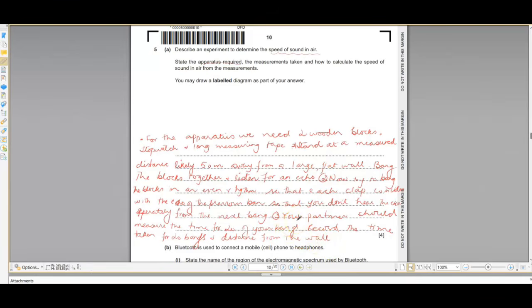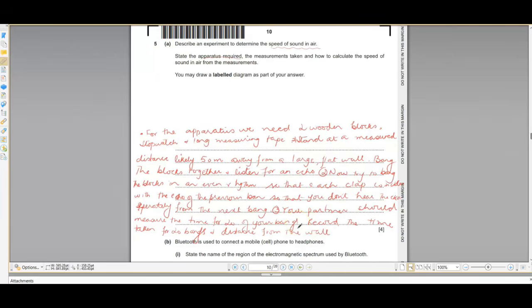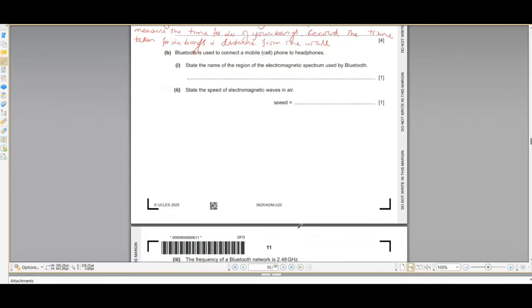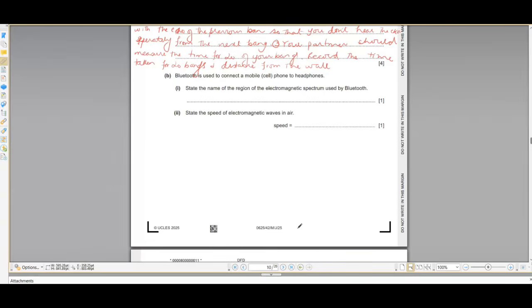Okay. Acha, let me see if we have space. Yeah, we have space over here. So I'm going to write the rest of it over here. So once you've measured the distance from the wall and the time taken for the 20 bangs, calculate the total distance traveled by the sound.